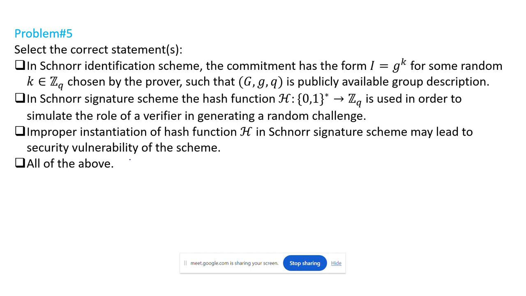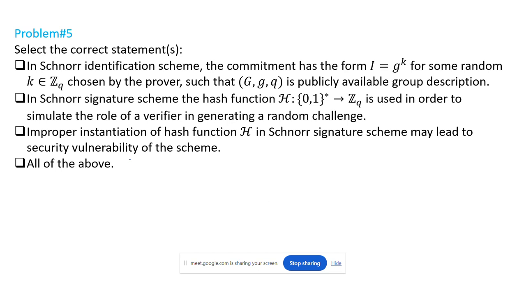Improper instantiation of hash function H in the Schnorr signature scheme may lead to security vulnerability of the scheme. Is this true or false? This may be true. It is true because whenever we say that some hash function is modeled as a random oracle, that is a theoretical statement.